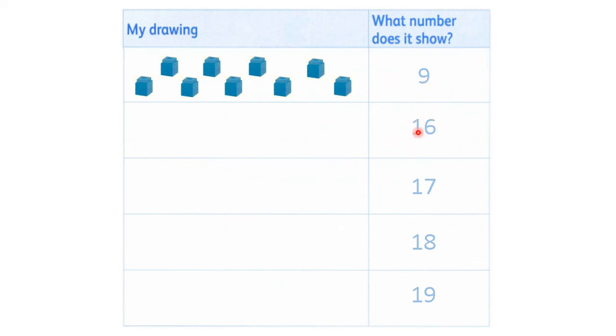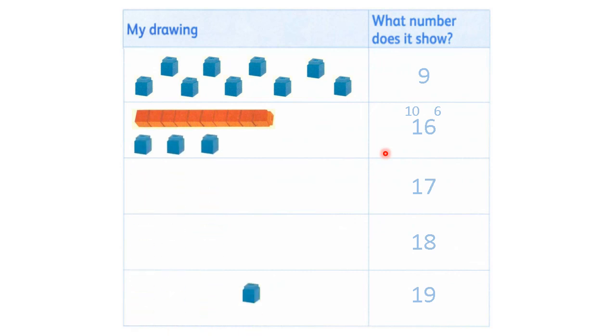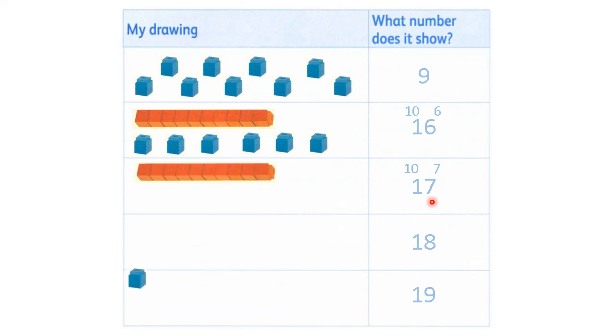16. Here we have one red rod, 6 blue cubes. 17, we have 1 red rod and 7 blue cubes. 18 would be 1 ten and 8 ones, so 1 red rod and 8 blue cubes.